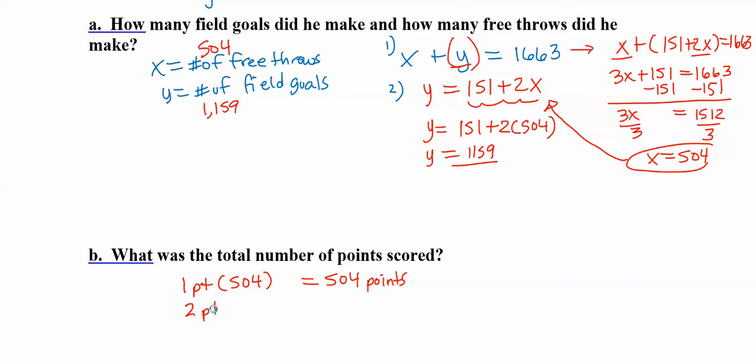So 2 points times 1,159 baskets gives us, let's do that, 2 times 1159 gives us 2318 points. Okay, so the total points is going to be the sum of that, which is 2,822 total points.